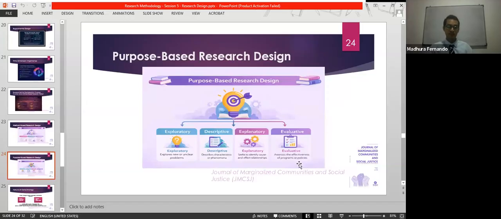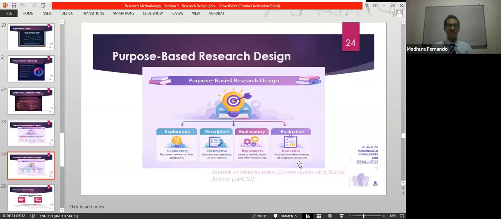Purpose-based research design, as I explained in the earlier case: exploratory, descriptive, explanatory, and evaluative. Again and again, I use different diagrams for you to explain, because you can see in different perspectives, so that you will get a good idea about what I'm telling, right?